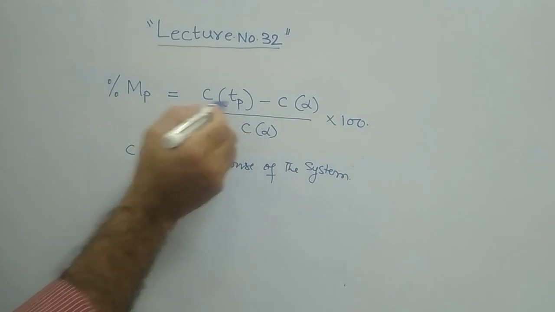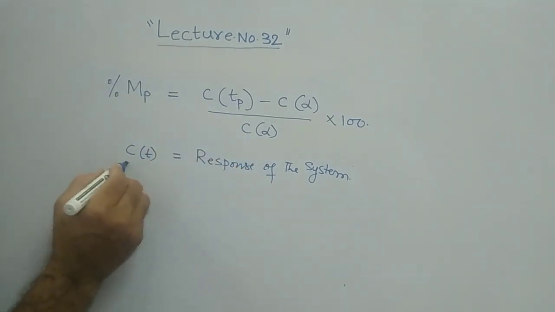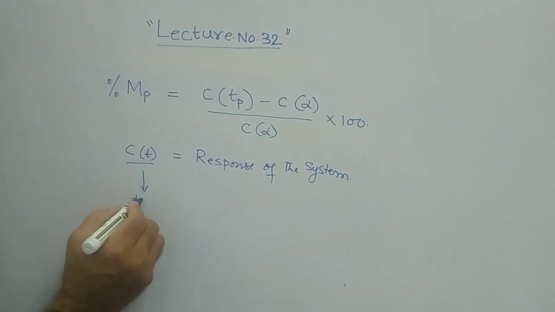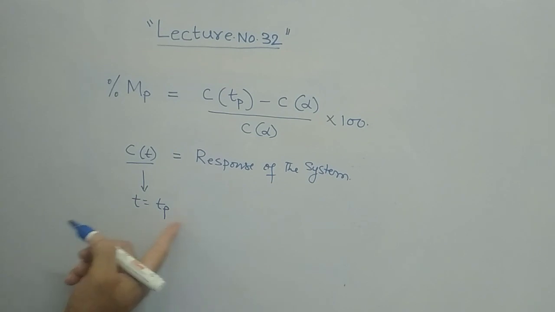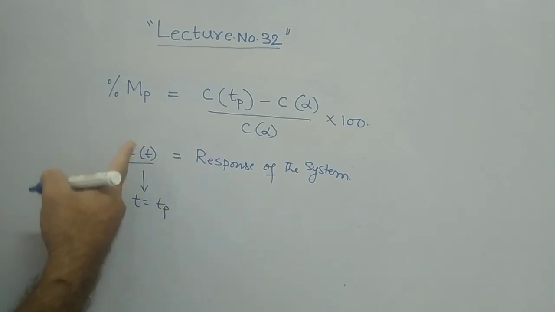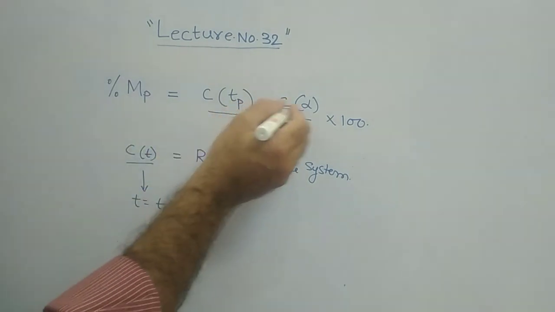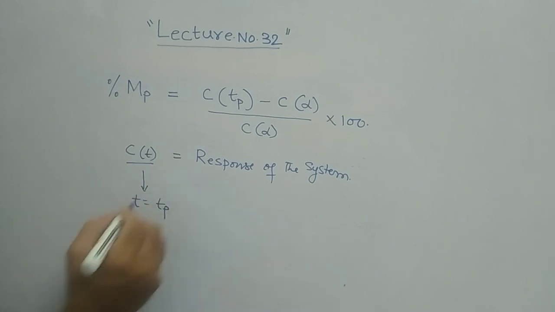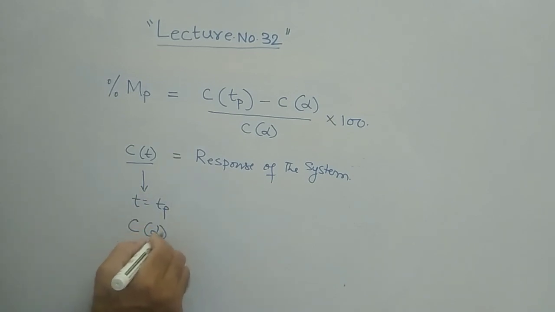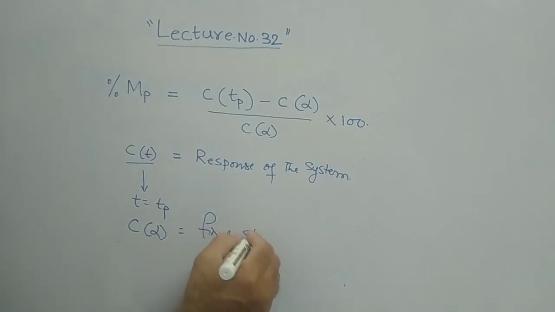So what is Tp? Here for the time t, we are considering C of t at t equal to Tp, meaning peak time. At peak time Tp, what is the value of that response? That is C of Tp. And what is C of infinity? C of infinity is nothing but the final steady state value. That is why it is also called the final steady state value.